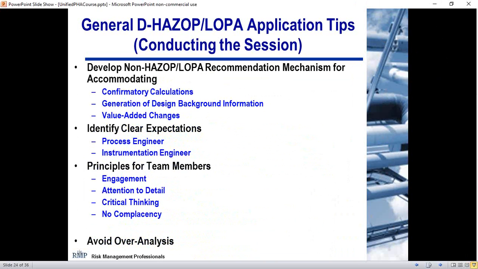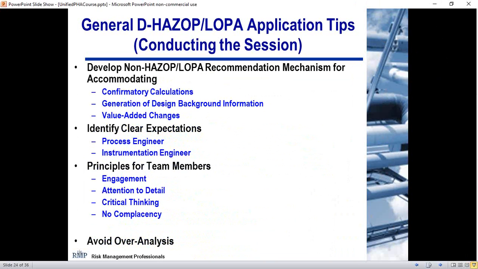Again, key principles for the team members: people have to be engaged. They need to watch the details. As a facilitator, I can spot a lot of things on a P&ID from miles away, but I'm not the one to be doing that. It's their job to design it. They should have done a good job in the first place. Now, I don't mind contributing, but I should be just asking questions, and they should have good, correct, clear, and responsive answers.